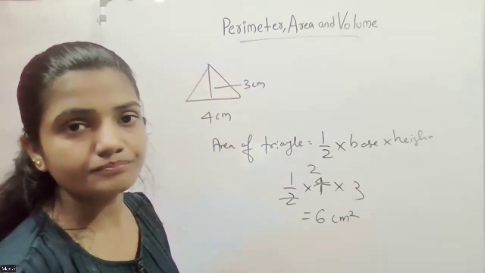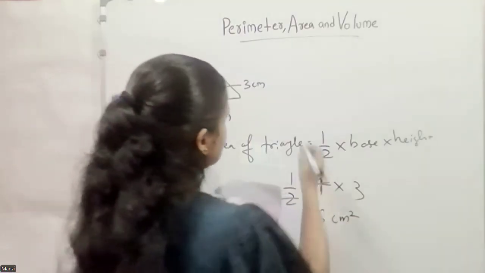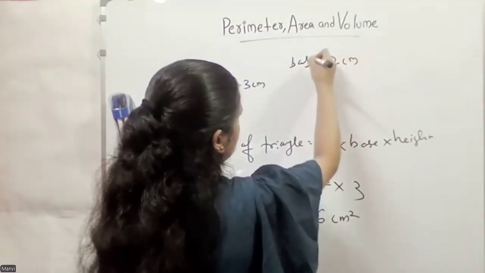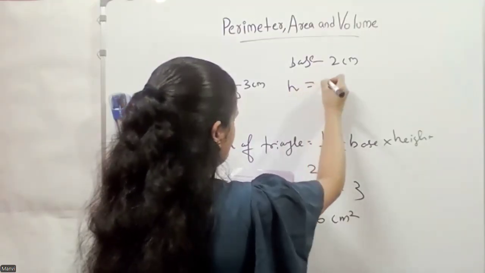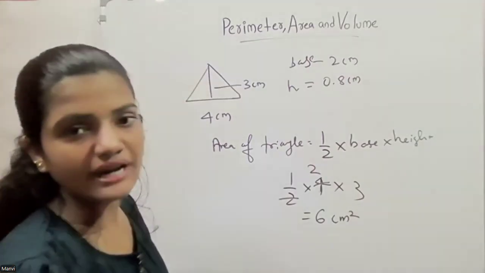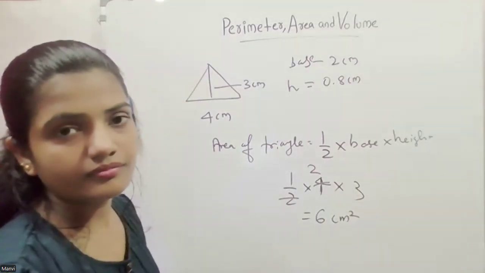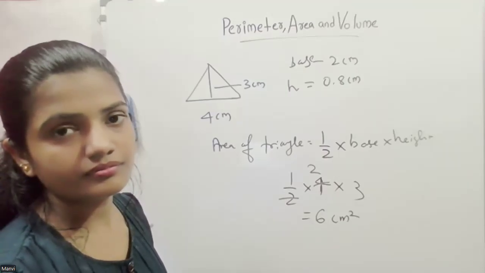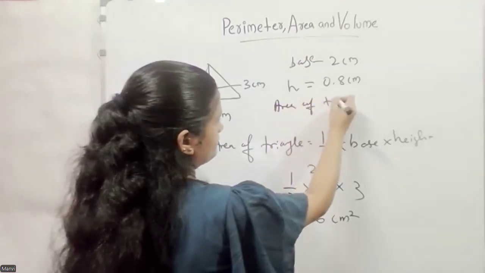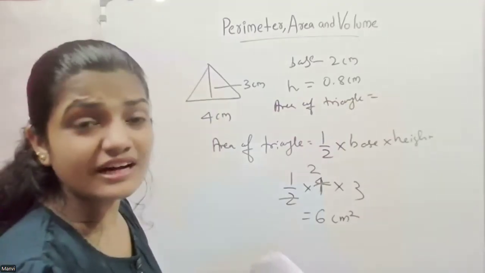Okay? Now we have one different triangle whose base is 2 centimeter and height is 0.8 centimeter. What will be the area of this triangle? Please try to calculate.